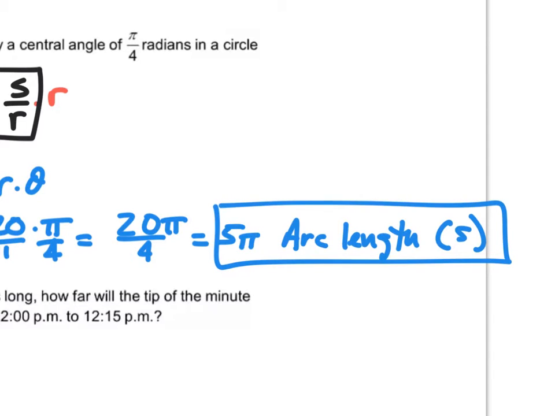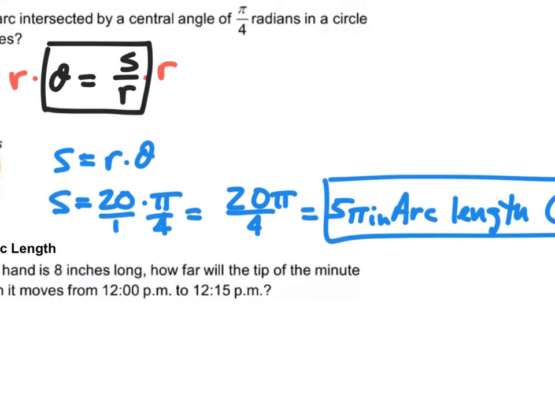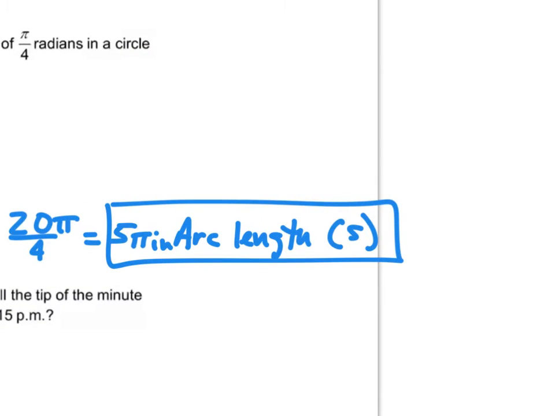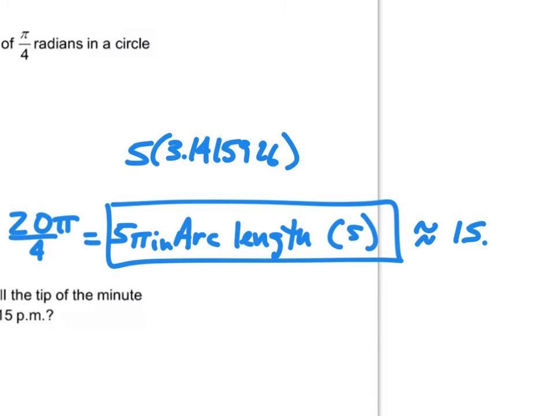And that's in inches, 5 pi inches. If you wanted to evaluate that, 5 pi is just 5 times 3.1415926. If you multiply those together, and some calculators actually have a pi button, so you can do 5 times pi, this would give me an arc length of approximately 15.7 inches.